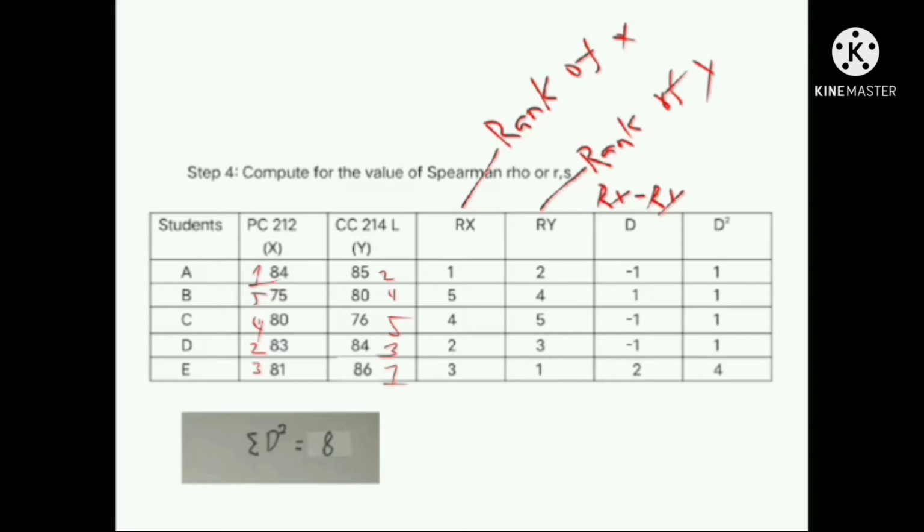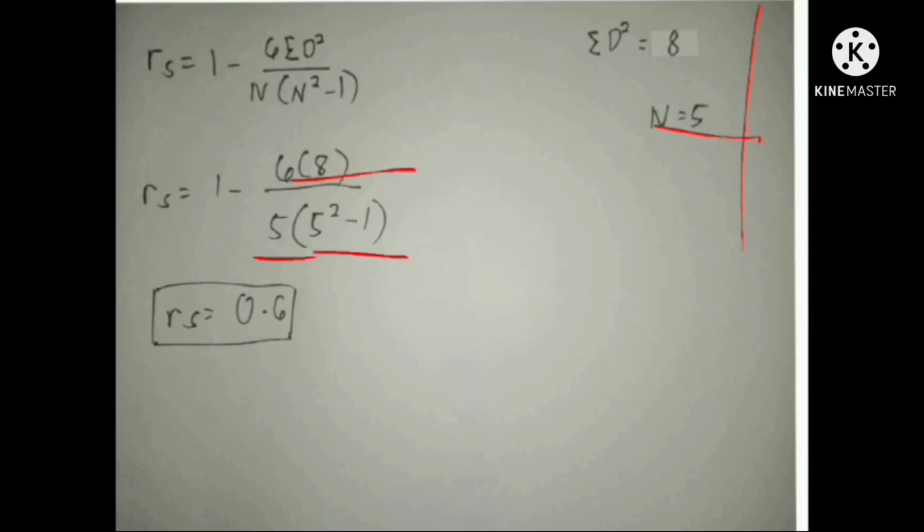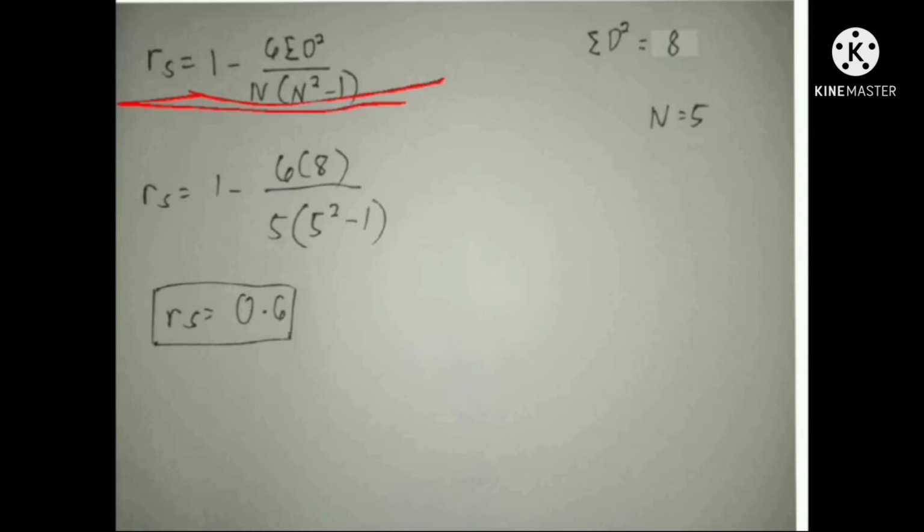Then let's move on to the R sub S. The formula is R sub S equals 1 minus 6 times the summation of D squared over N times N squared minus 1.